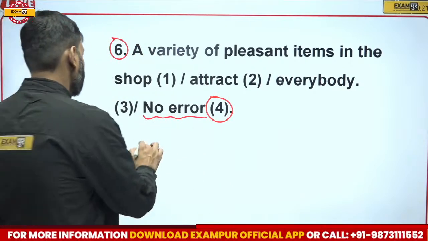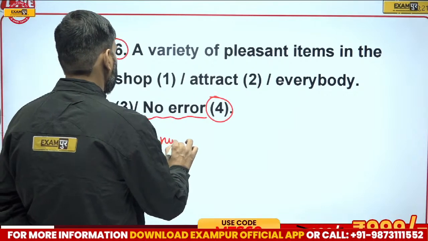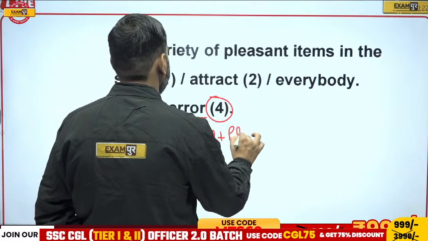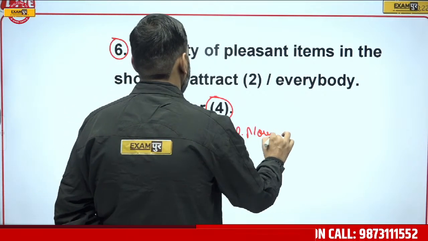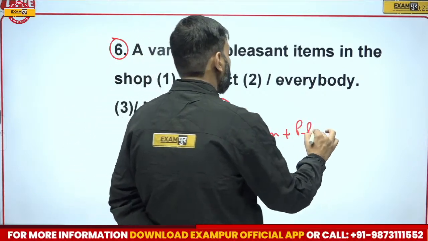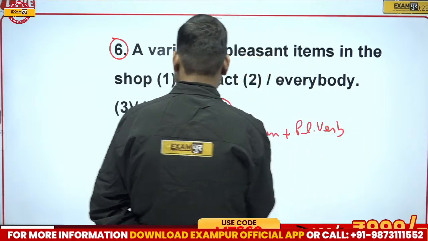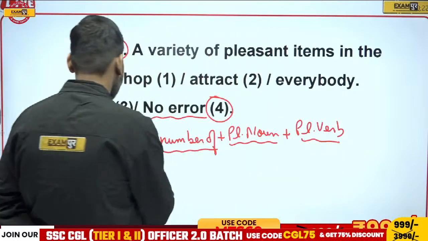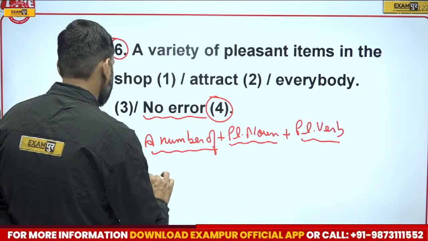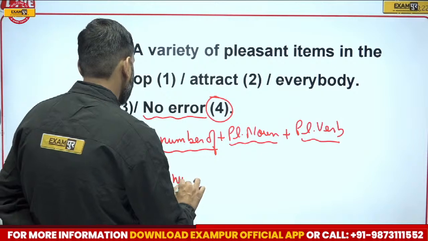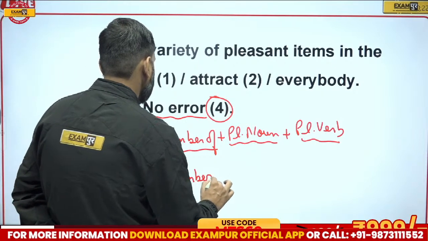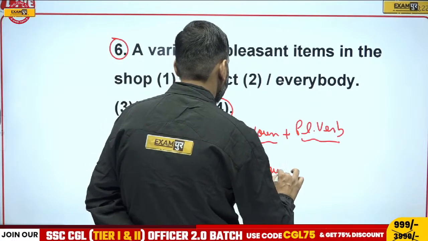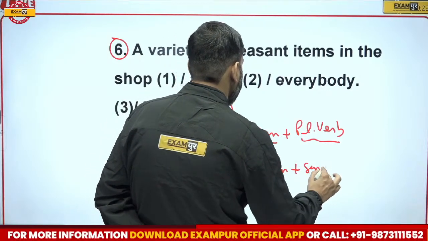Always remember that a number of plus plural noun is followed by plural verb. A number of is followed by plural noun and plural verb, and the number of is followed by plural noun and singular verb.